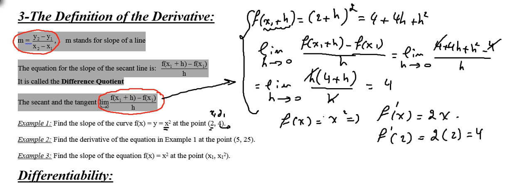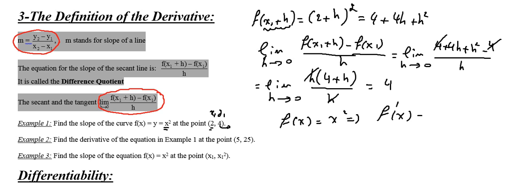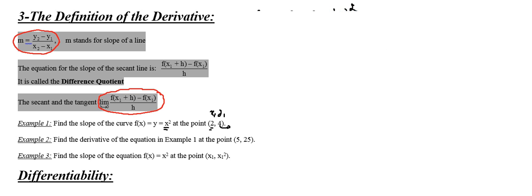Now, example 2. Find the derivative of the equation in example 1 at another point, at the point (5, 25). Same thing, but instead of (2, 4), it's (5, 25). Let me erase over here and we will do it. Example 2, we have the same equation, y equals f of x.